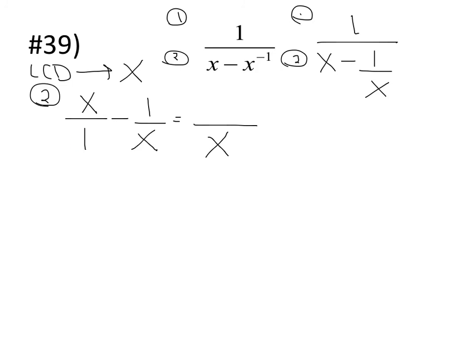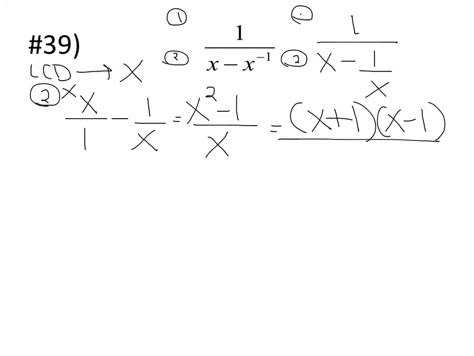So this denominator is just missing an x. This denominator isn't missing anything. So x times x is x squared minus 1. Hopefully it immediately jumps out at you that that is difference of squares. X plus 1 times x minus 1 all over x. So this is my new denominator.